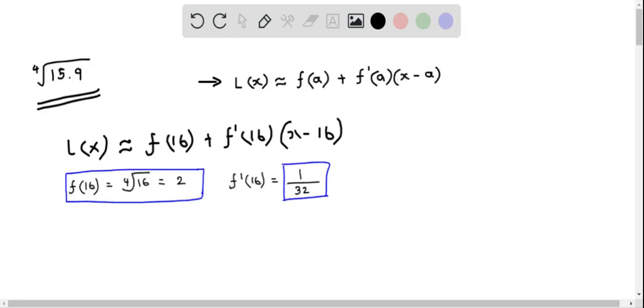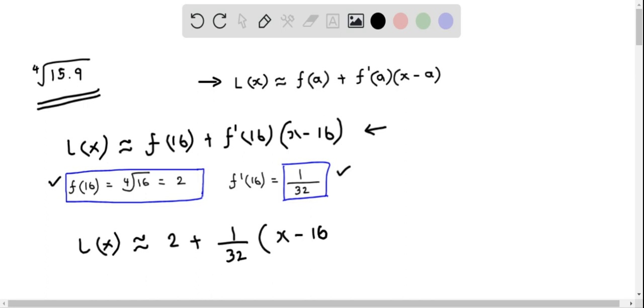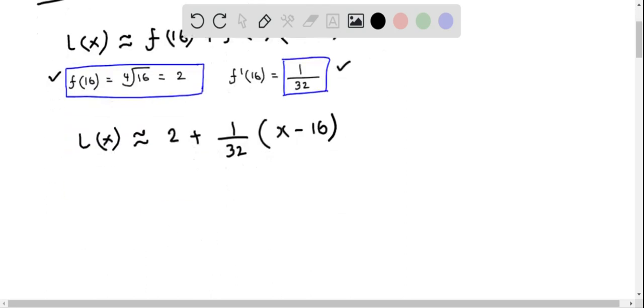Now that we have the value of f of 16 as well as f prime of 16, we can substitute into our linear approximation equation. So L of x is approximately equal to f of 16, which is 2, plus f prime of 16, which is 1 over 32, times (x minus 16). Let's simplify this approximation.